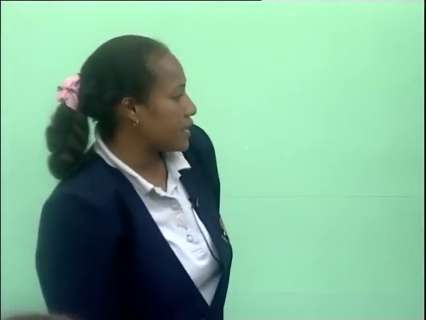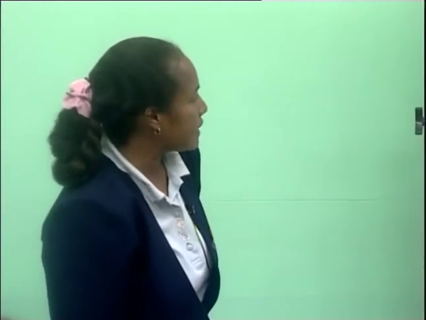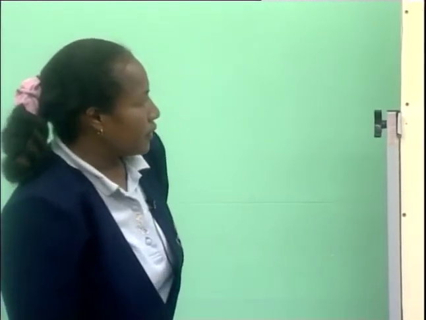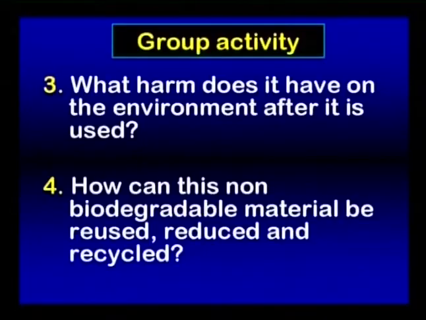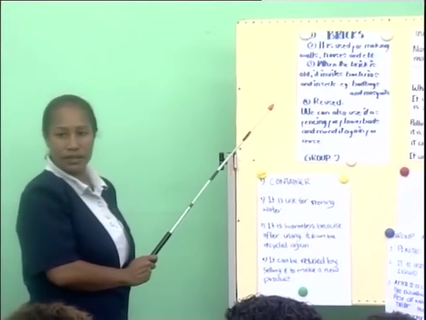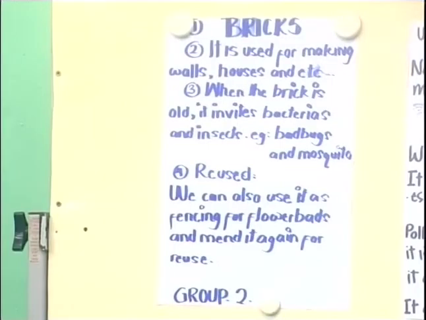The next question says, what is it used for? We have gone through that. The next question, let's see. What harm does it have on the environment after it is used? For this group, this is what they said. When the brick is old, it invites bacteria and insects.